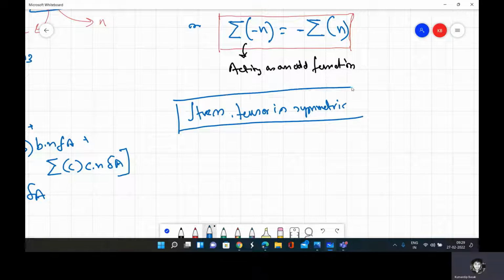What is the mathematical expression for that? That is sigma ij is equal to sigma ji, that is, the indices i and j can be interchanged.